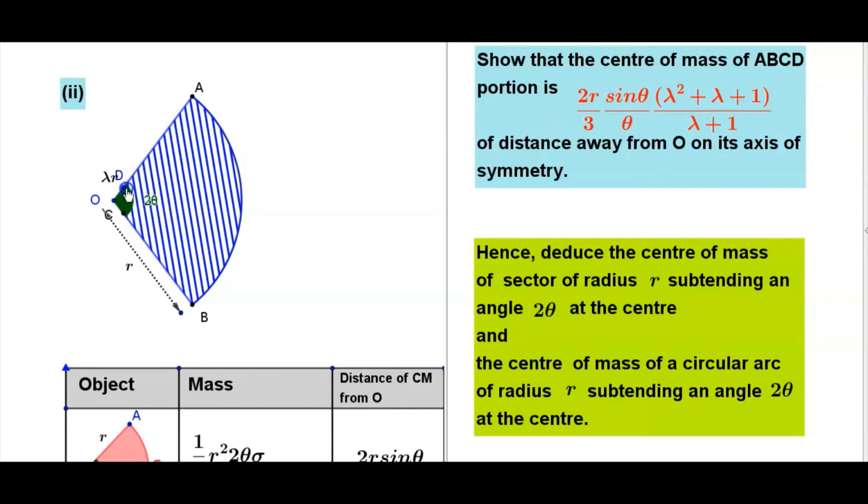So when lambda is equal to 0, this portion ABCD becomes a sector AOB with radius R. Deduce the center of mass of a sector of radius R, subtending an angle 2 theta at the center.